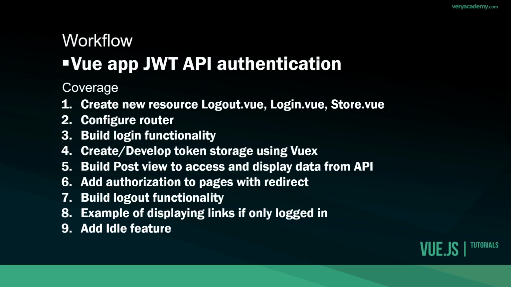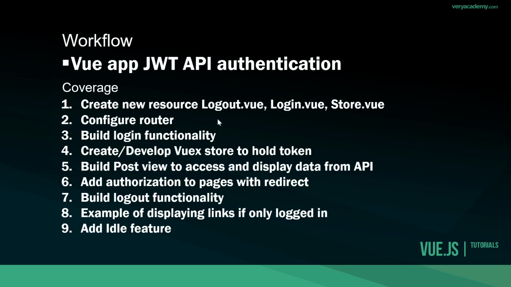So what we need to do now with that data is send it to our Django REST API, to authenticate that username and password and then return a token. Once we've got that token, we then store it in our local storage so that we can use that token and then head over to step 5 and actually build the post view so that we can access data from our Django API.